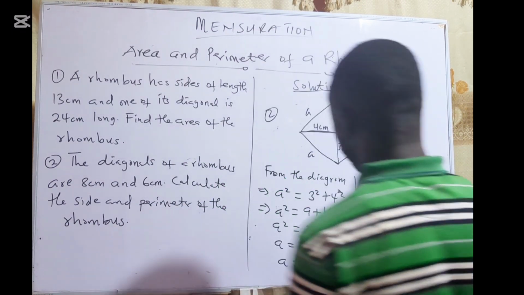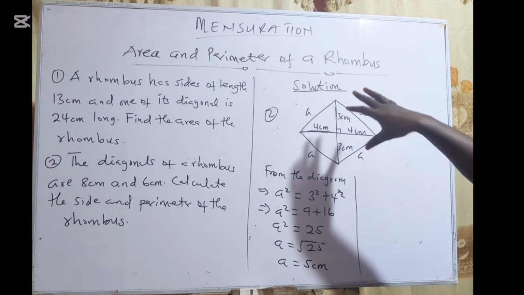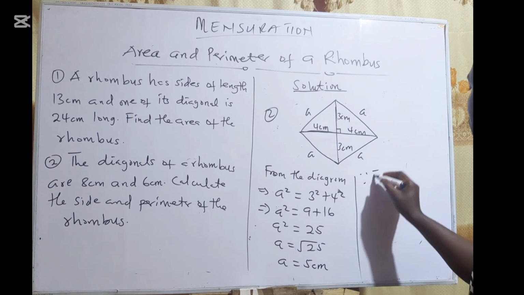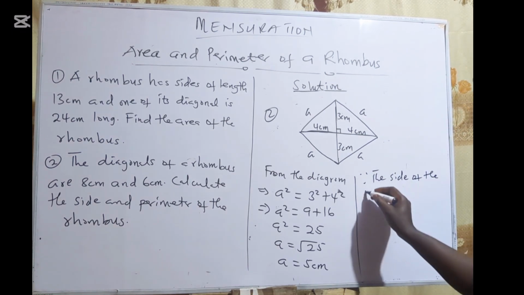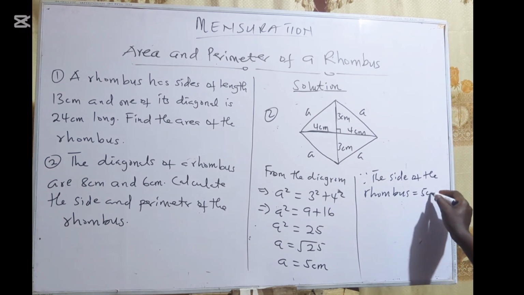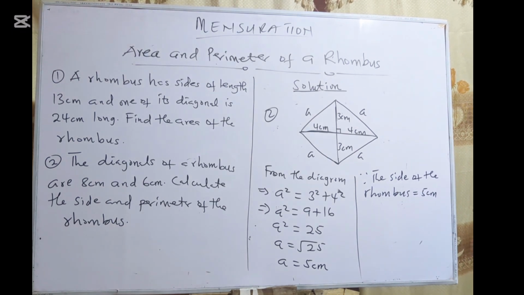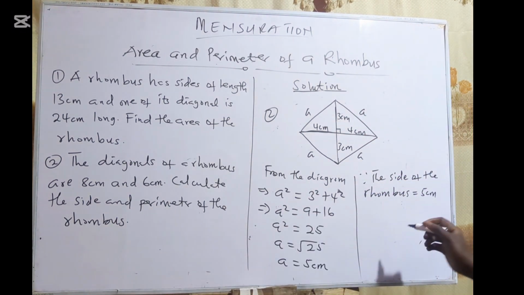So this side is 5 centimeters. Therefore, the side of the rhombus is 5 centimeters.